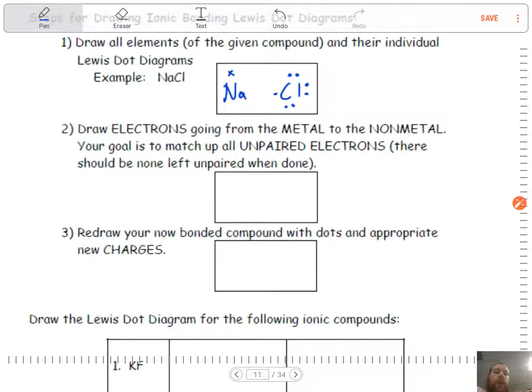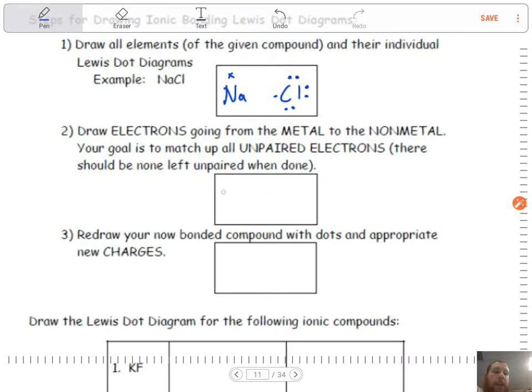Step 2, we're going to draw the electrons going from the metal to the non-metal. Your goal is to match up all the unpaired electrons. There should be none left unpaired when you are finished with your structure. So what we will do is draw a circle around the metal valence electrons, and we're going to draw an arrow showing that transfer taking place. I kind of drew it up there, but I really should just redraw it down here.